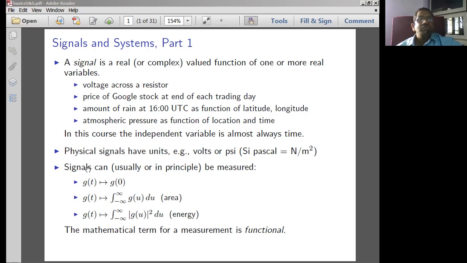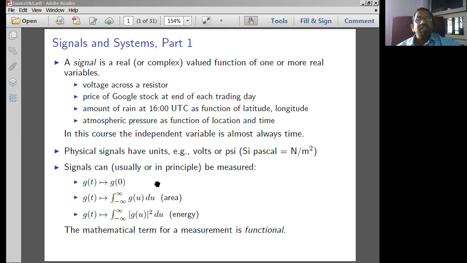So the physical signals have certain units. Say for example, if you are dealing with a voltage signal, it is going to have units called volts. If it is a current signal, it is going to have units called amperes. If it is a power signal, it is going to have units such as watts. Right. So similar to that, based on the applications, we normally have the signal units. Okay. Now signals can be measured.